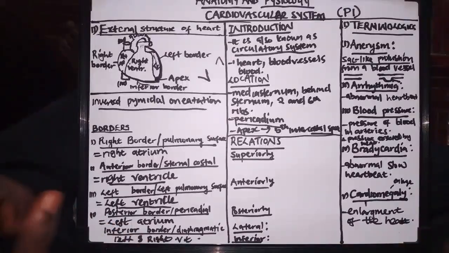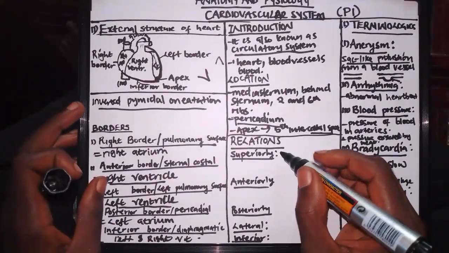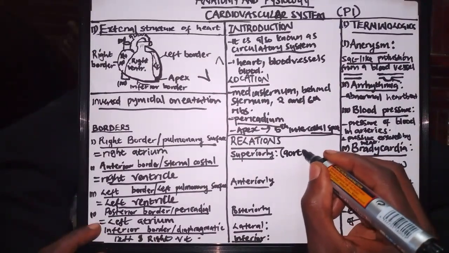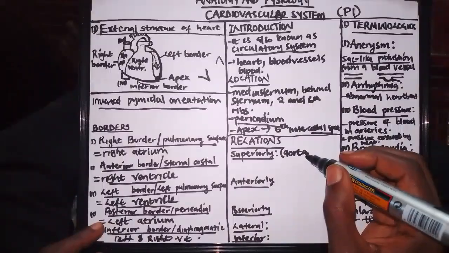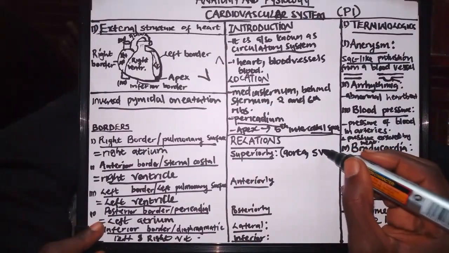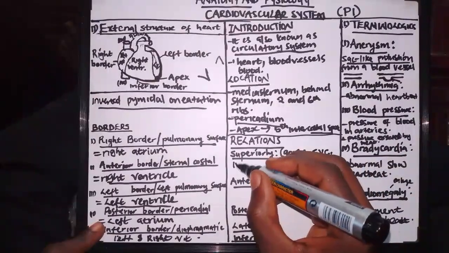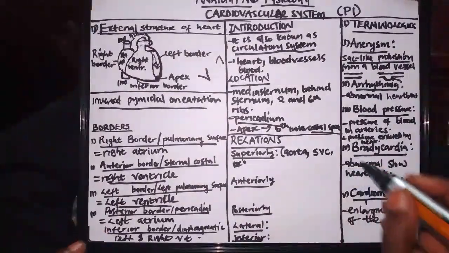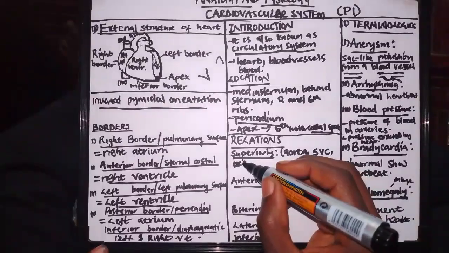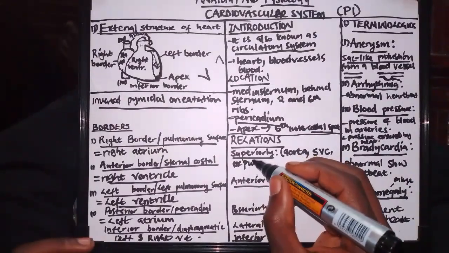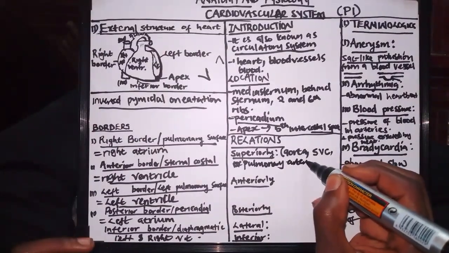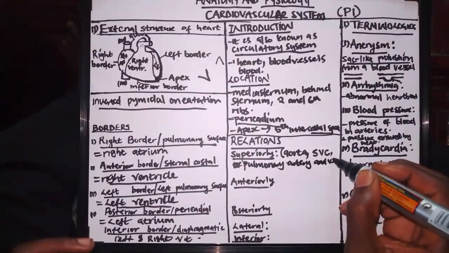The superior part of the heart is formed by great vessels. What do we mean when we say great blood vessels? We mean large vessels like the aorta, the superior vena cava, then also the pulmonary artery, and the pulmonary vein.